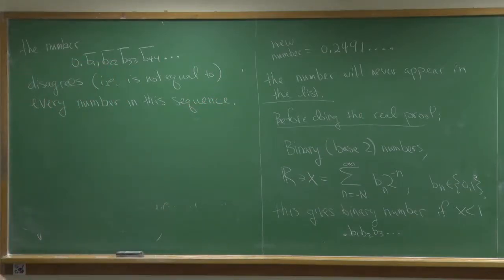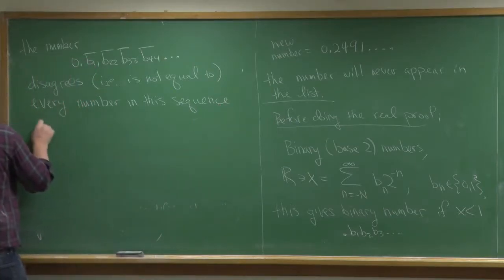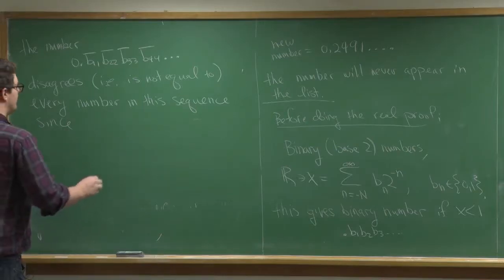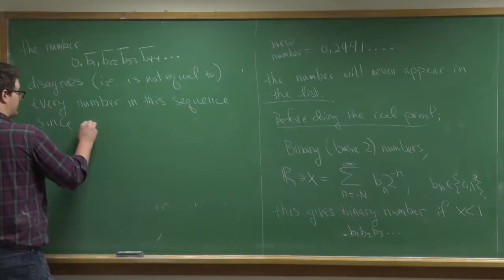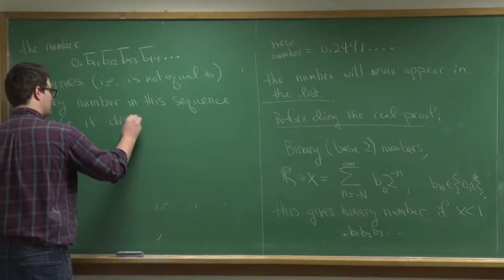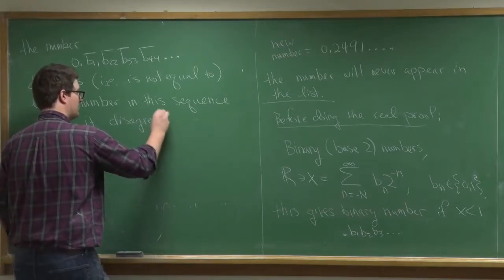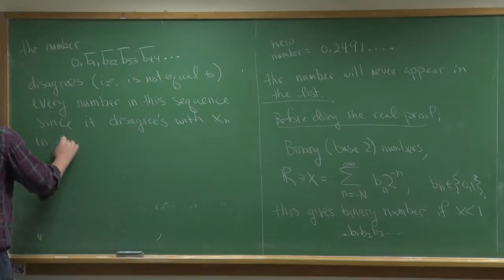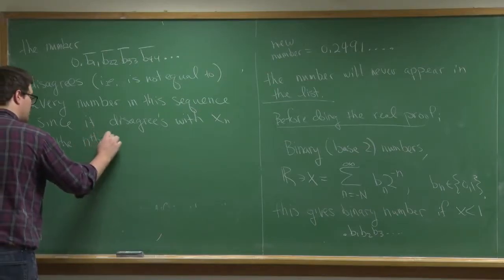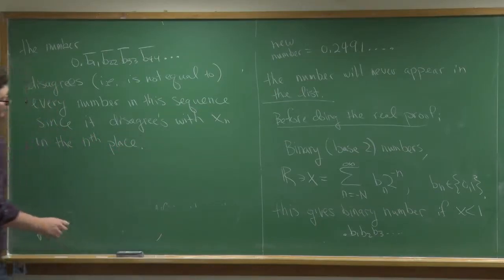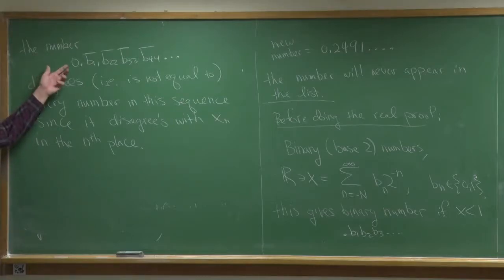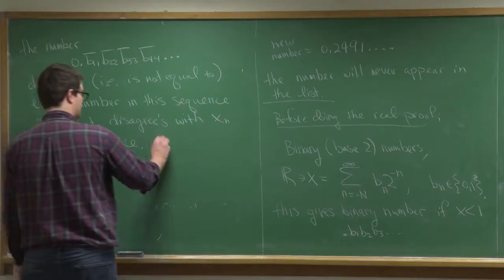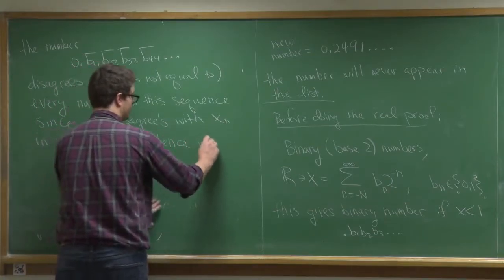Okay? So why? This is because it disagrees with xn in the nth place. Okay? And so this produces an example of a number that's not in the sequence. Okay? Hence, we have a contradiction.